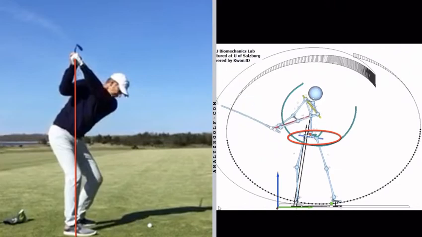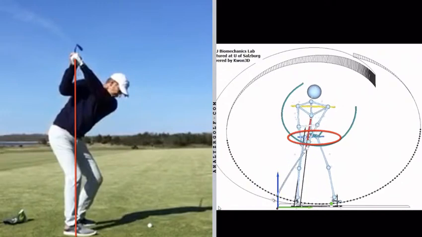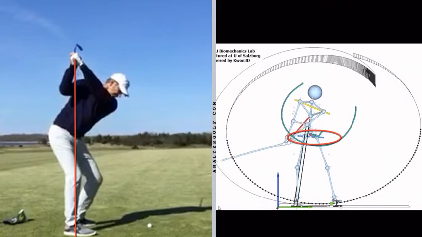And the reason why this pelvis is tilting is obviously because this golfer is applying a force out of the ground. He's extending his trail leg, or he's pushing into the ground. And that is indicated by these arrows that you see spiking or growing in this phase of the backswing.